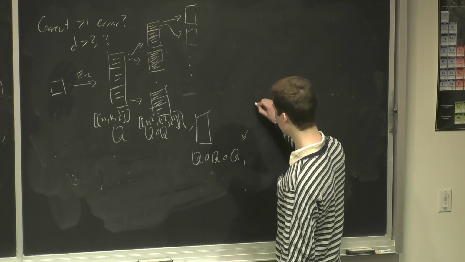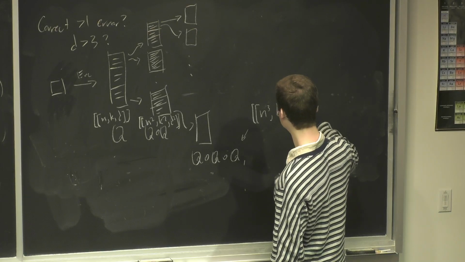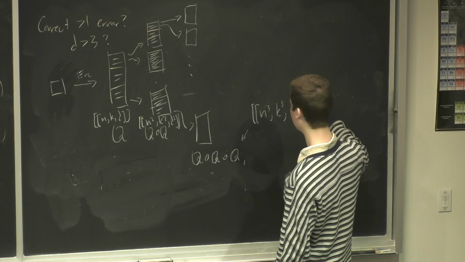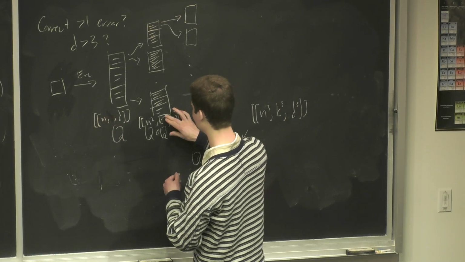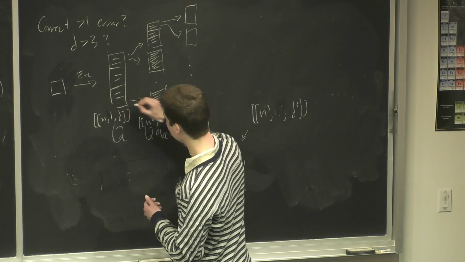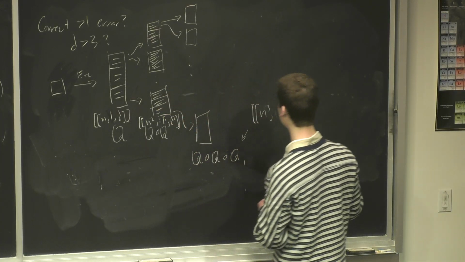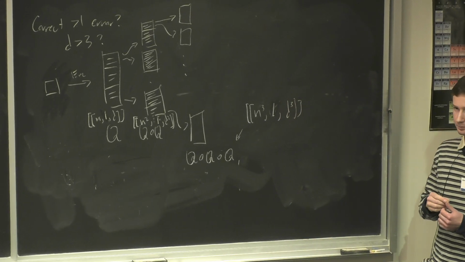Q concatenated with itself 3 times will be an [[n cubed, k cubed, d cubed]] code. Actually, k equals 1 here, and it's a little unclear how to deal with more than one logical qubit. So let's just say Q is an [[n,1,d]] code. Then we get [[n squared, 1, d squared]], [[n cubed, 1, d cubed]], and so on.